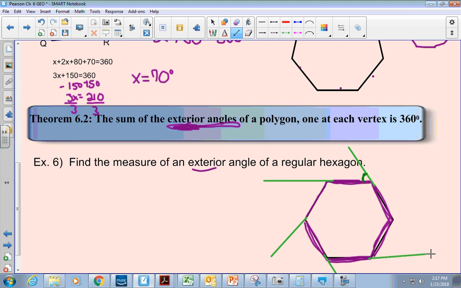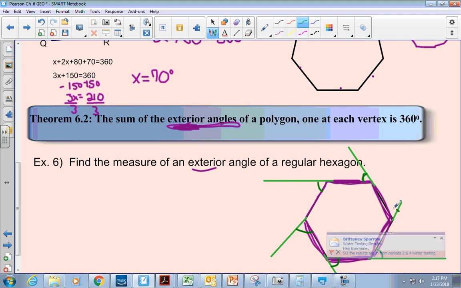Then the exterior angle is these guys right here. So the sum of the exterior angles is always equal to 360.